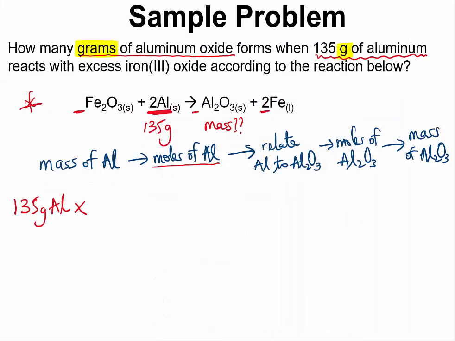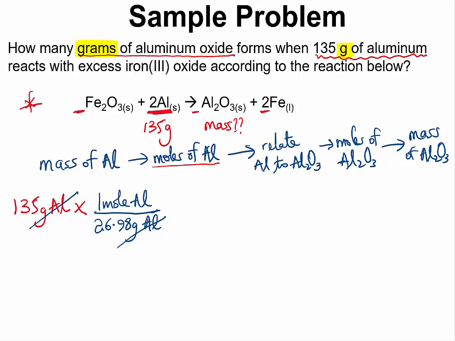So 1 mole of aluminum will have a mass of 26.98 grams if we just use 2 decimal places from the periodic table. Grams of aluminum will cancel out. We have now converted to the moles of aluminum.